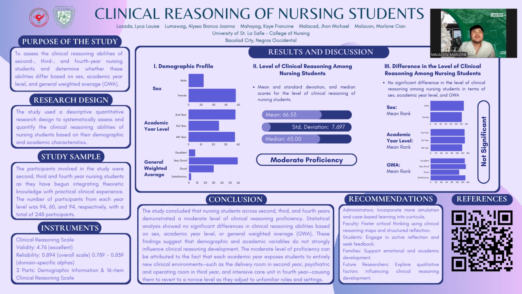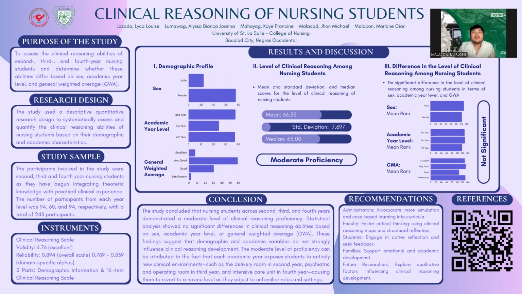Instruments. The instrument used in this study was a clinical reasoning scale for nursing students adapted from Huang et al. It consisted of two sections, demographic information and a 16-item scale measuring four domains of clinical reasoning: awareness of clinical cues, confirmation of clinical problems, determination and implementation of actions, and evaluation and reflection.